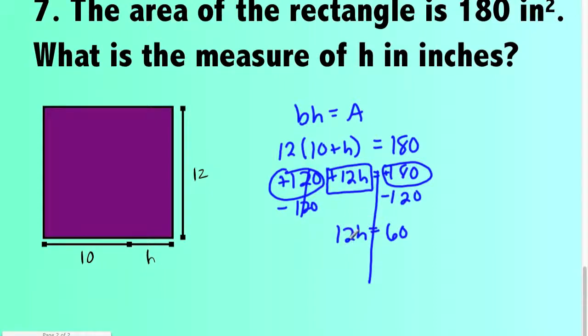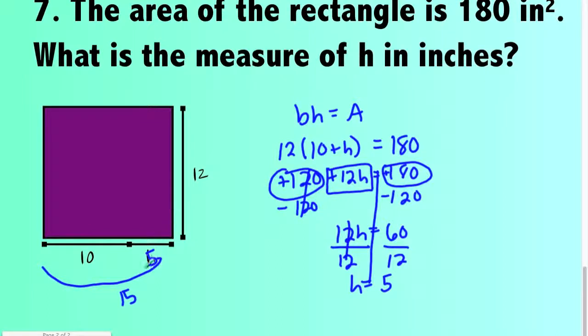Then the opposite of multiplying is division, so divide by 12. You do it to one side, you got to do it to the other. These cancel out, and you're left with h equals 5. So to check that, we can plug it back in and make this 5. So now I know the height of the entire side is 15.